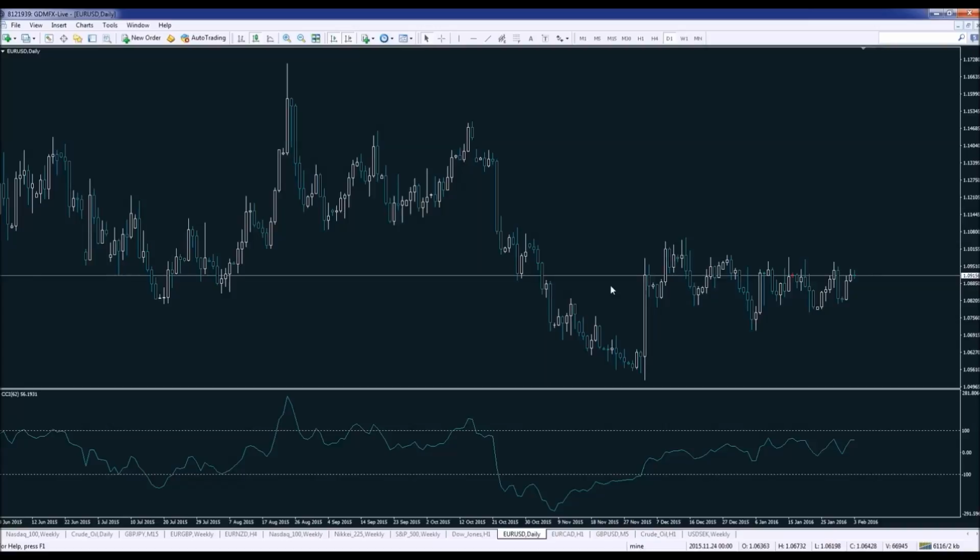It is a very good tool, especially in connection with the commodity channel index, simply because we already found out that the commodity channel index is a measurement of the relationship between the price and the moving average.